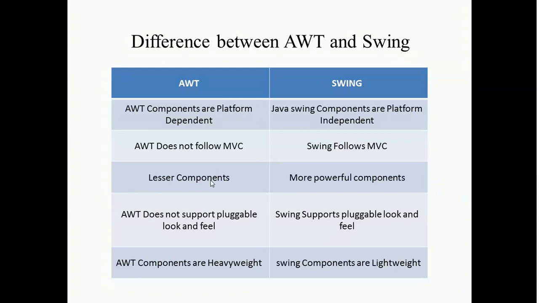That means any program in AWT runs on a specific platform, but in Swing the program runs on any platform and anywhere. Second difference: AWT does not follow MVC, Model View Controller, but Swing follows MVC.